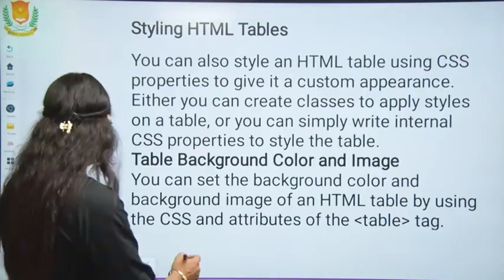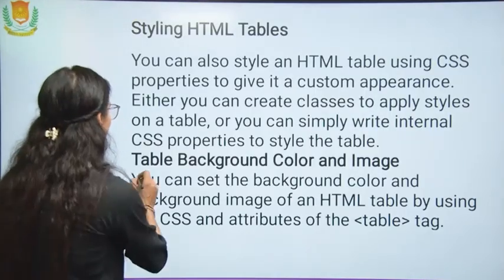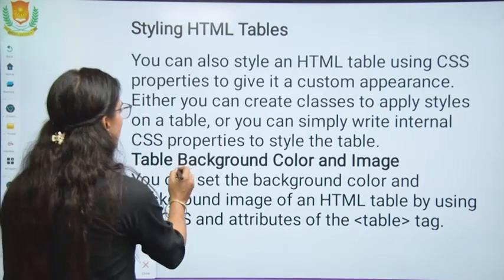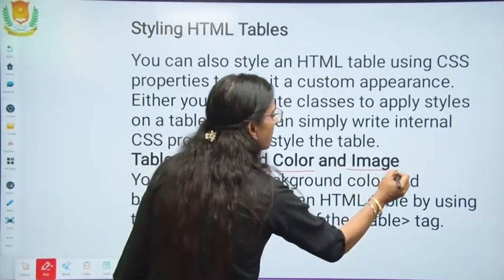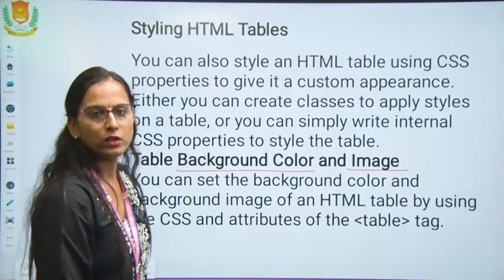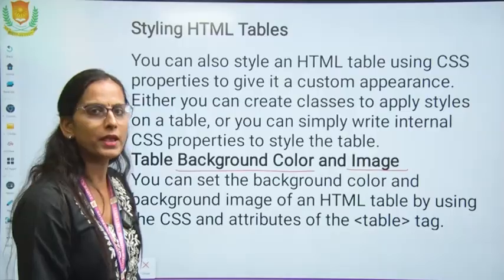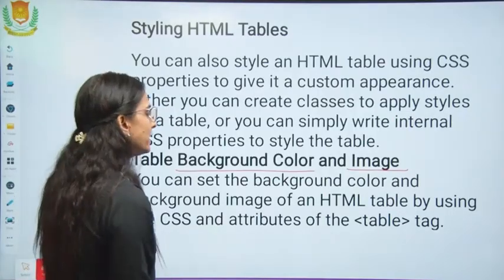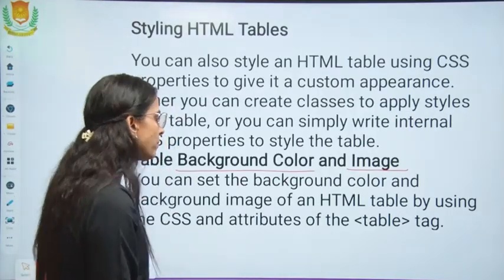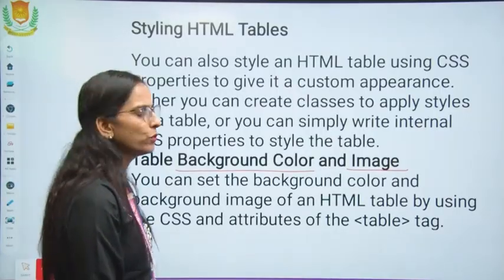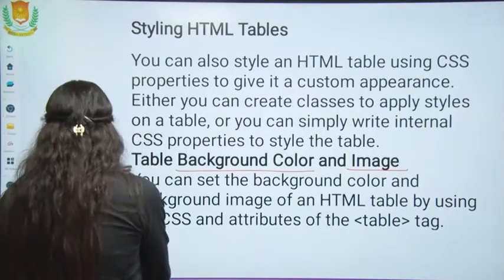Table background color also can be changed. You can give a different background color, and an image also can be used as the background of the table. The contents will display over it. You can set the background color and background image of an HTML table by using CSS and attributes of the table tag.